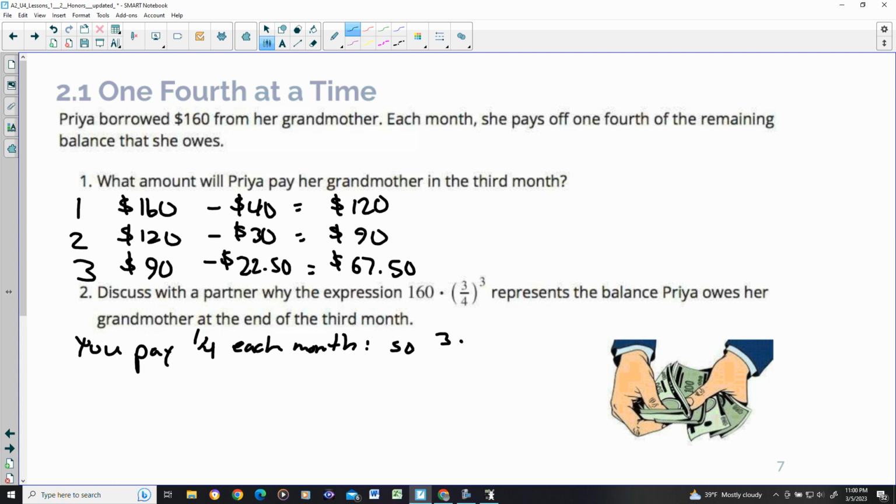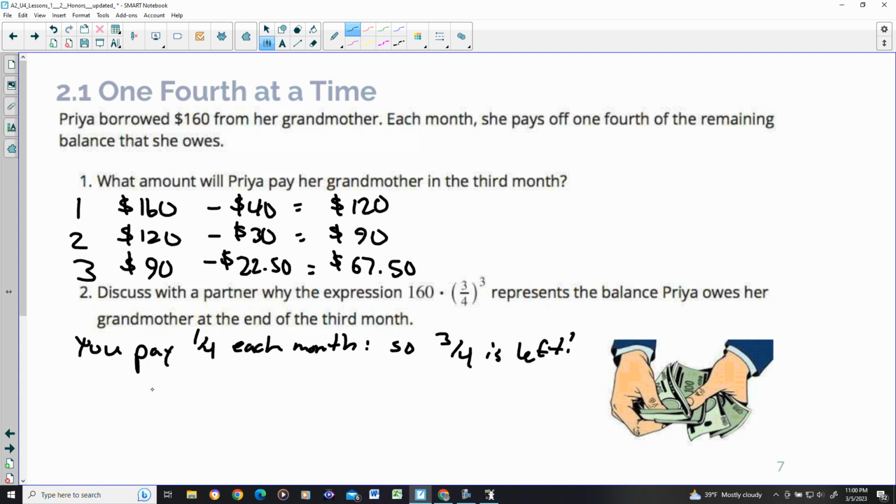So 3/4 is left. Right, so your balance is being multiplied by 3/4 each month.